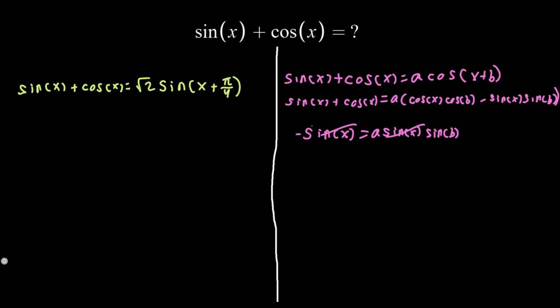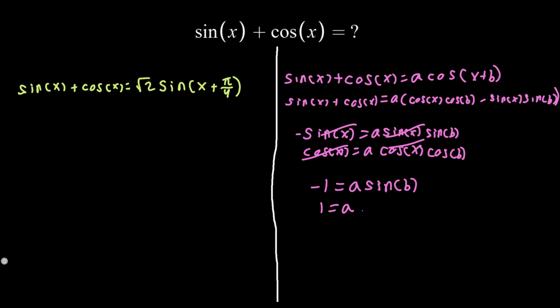The same thing can be said for the cosine, since we have cosine of x is equal to a cosine of x and cosine of b, and those cancel out as well, leaving negative 1 is equal to a sine of b, and 1 is equal to a cosine of b.